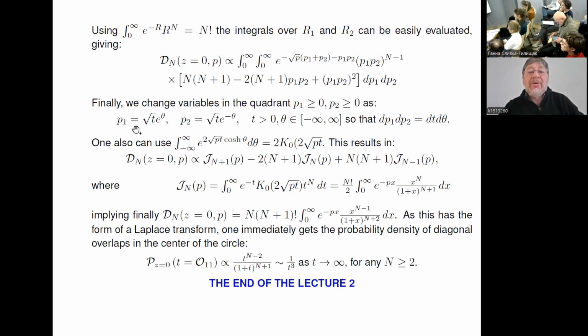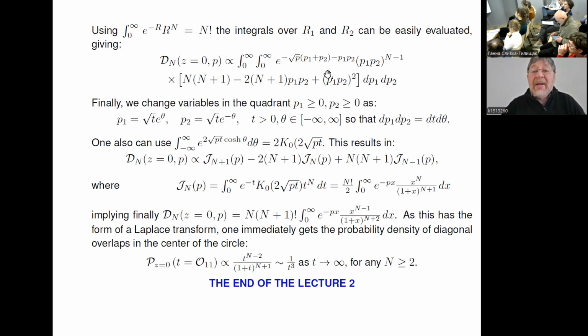One basically introduces P1 as some variable t times, not an imaginary exponential like it would be for polar, but exponential of theta, and here exponential of minus theta, where t is positive and theta goes from minus to plus infinity. And then this volume element is just d theta dt. After using this, one notices that the integral, instead of P1 plus P2, P1 P2 becomes simple, of course, just t.